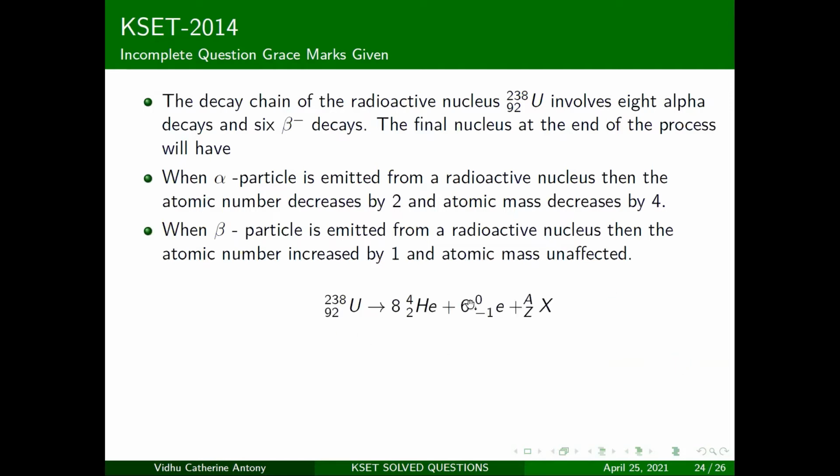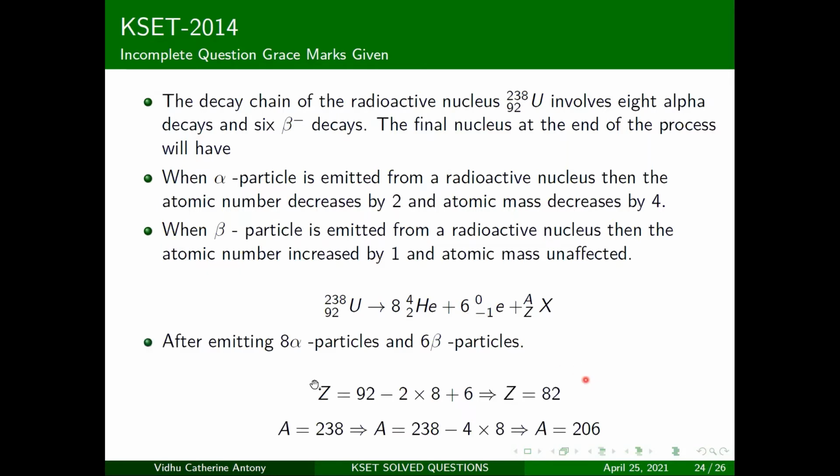Okay, so this is how the reaction goes. This is the nucleus that this should have given, uranium-238. And here you have to undergo 8 alpha decays. So you need 8 helium nuclei coming out, and you need to have 6 beta decays. So now how do we write that down?